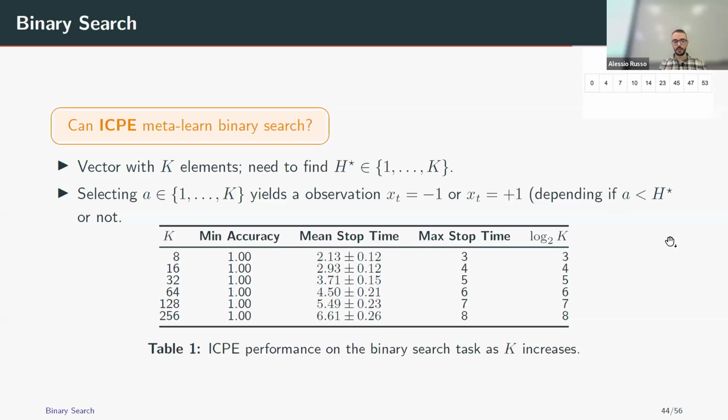And we can see that for different sizes of this vector, the average number of samples needed by ICP is in general smaller than the maximum number of samples requested by binary search. And it's also able to guarantee the best accuracy possible.